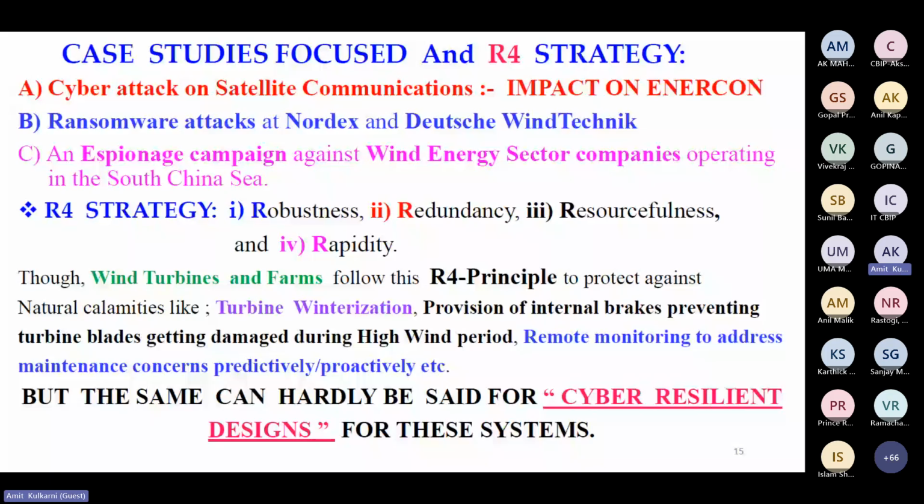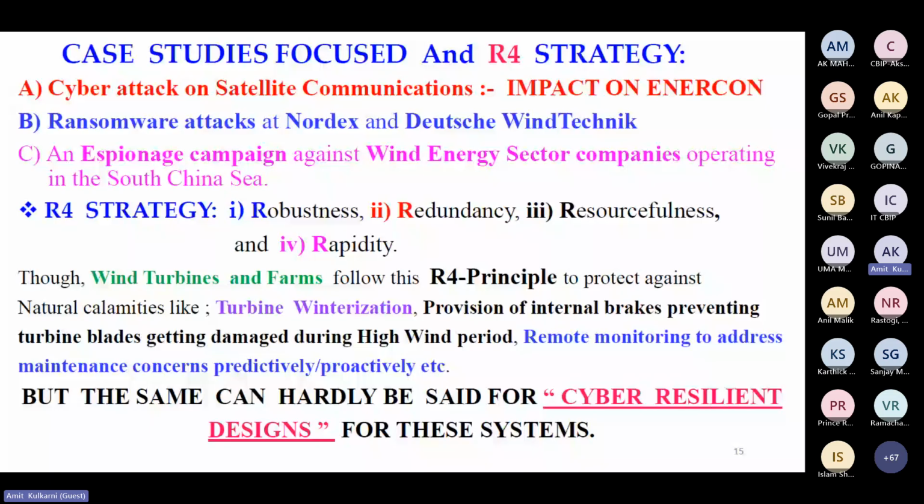Generally, when we are talking about any system, we need to have some strategies. There is something called the R4 strategy. That is robust. The system should be robust, redundant, resourceful, and rapid in response. When we have such a system, that system is said to be stable or properly functioning. If not, then definitely a threat perception exists.